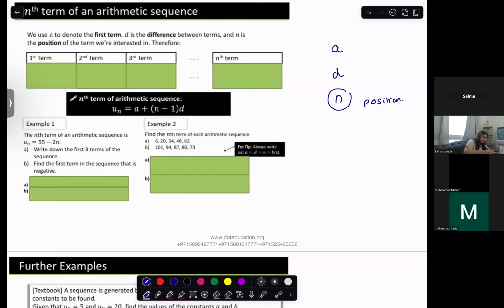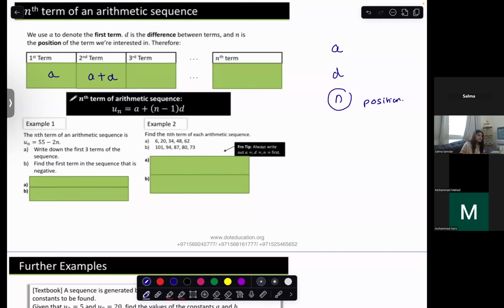If I talk about the first term, it will be A. Second term, A plus D. Remember, it is going to increase by the constant term D. So when I have the second term, my D will be 1. When I have the third term, my D will be 2.